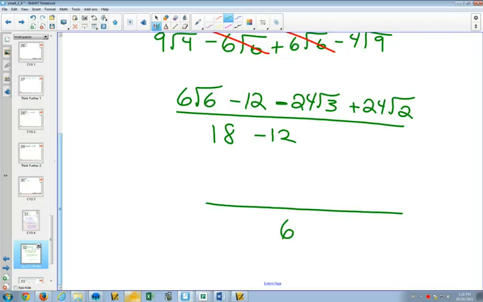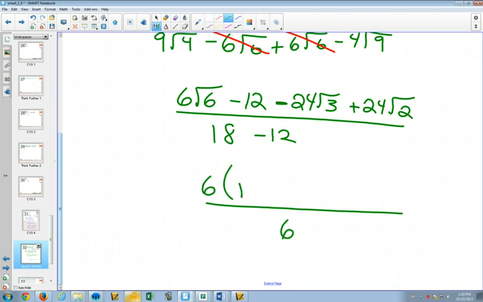Looking at the top of my fraction, I have no like radicals, and I have no like terms, so I can't combine anything. But I might be able to factor a number out of the top. Is there a common factor between 6, 12, and 24 and 24? 6.